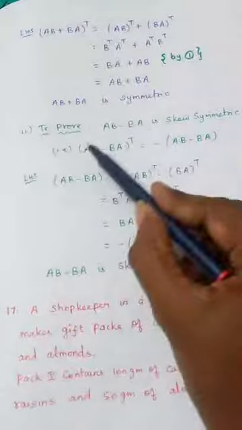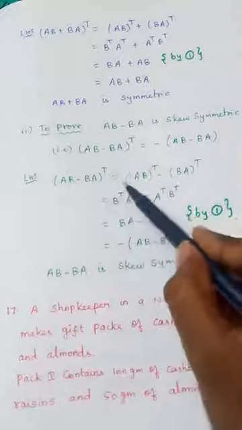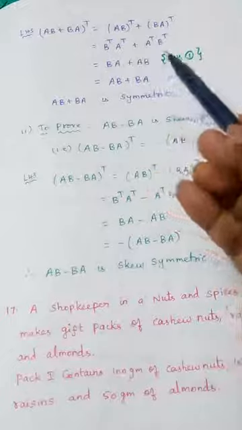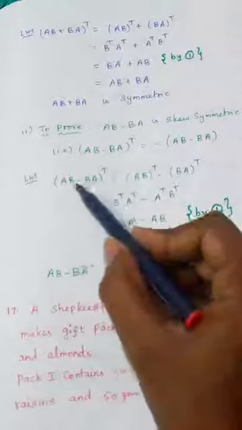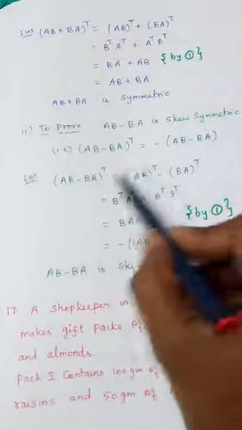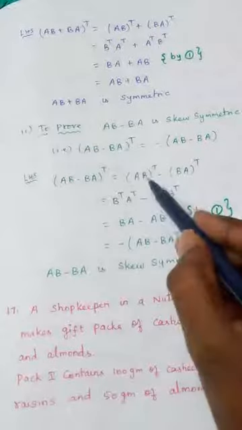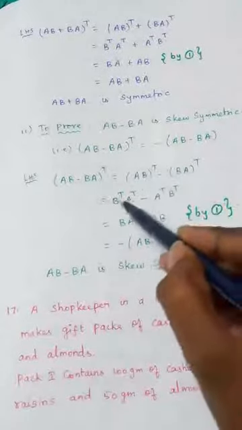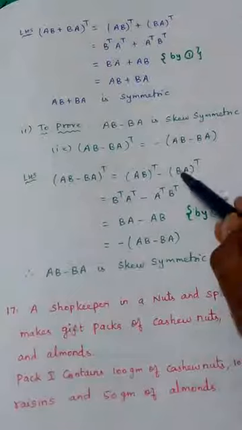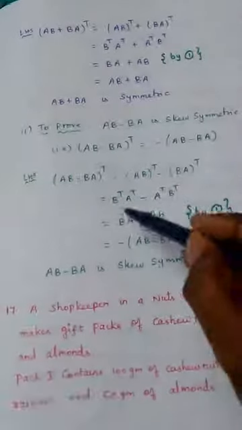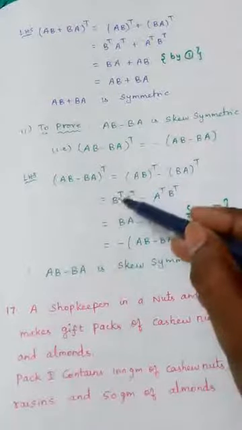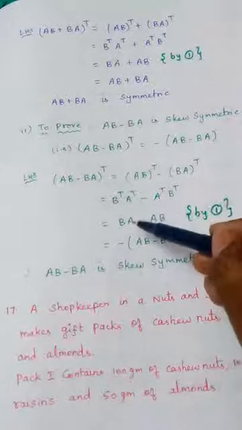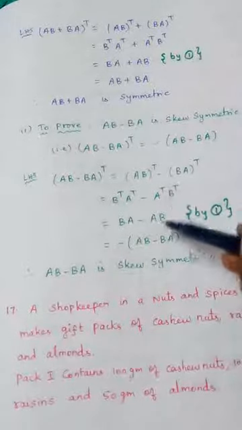For proving this, taking LHS, like we did in the previous subdivision, AB transpose minus BA transpose, applying reversal law, B transpose A transpose, A transpose B transpose, right? Using first equation, B transpose is written as B, A transpose is written as A. Similarly here.